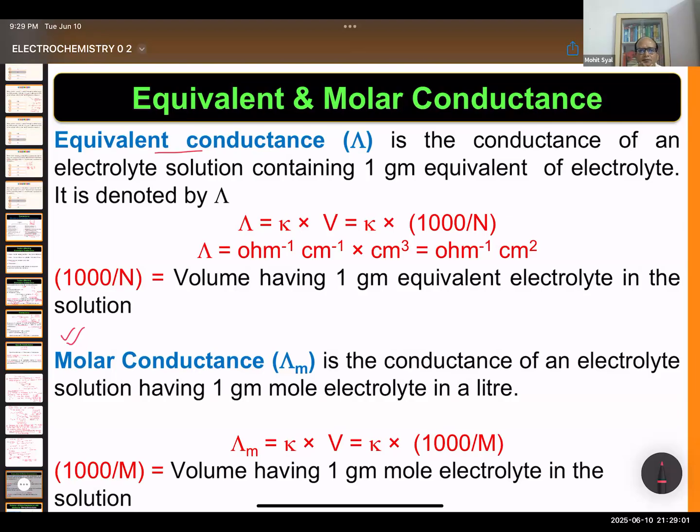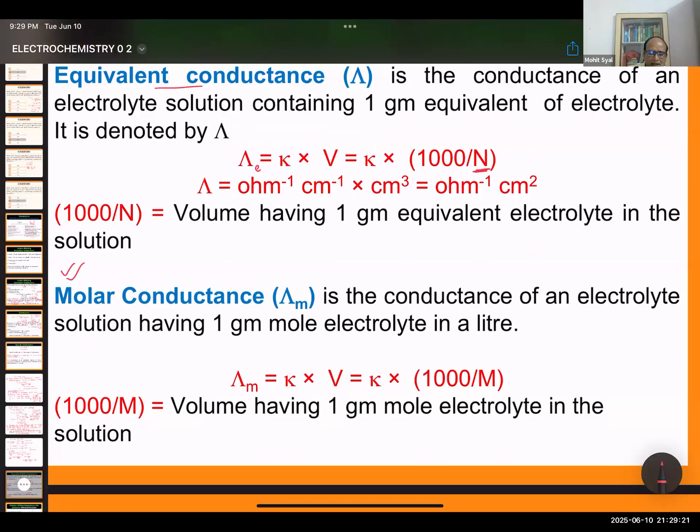There you are going to use the normality, 1000 by normality, for equivalent conductance. Normality gives you the equivalents per liter, but the equivalent concept is not there. Mostly we are bothered about the molar conductance.